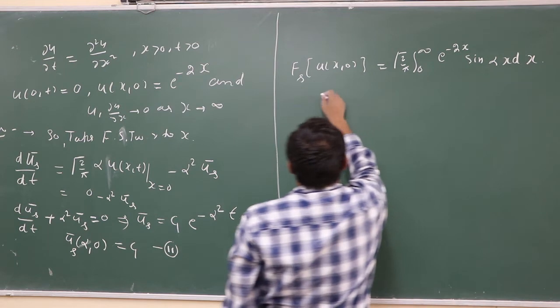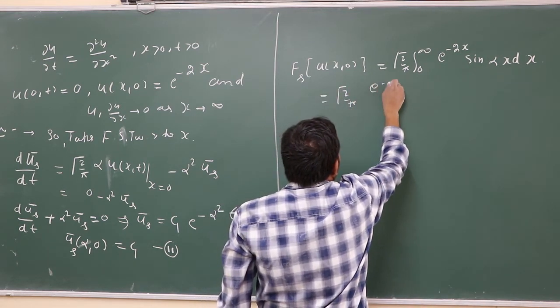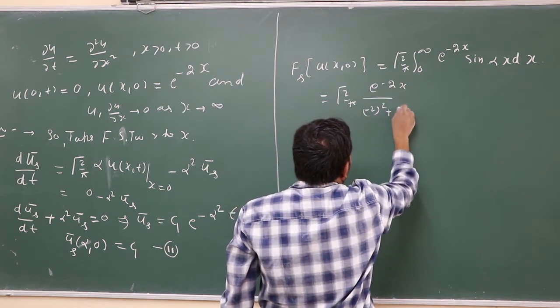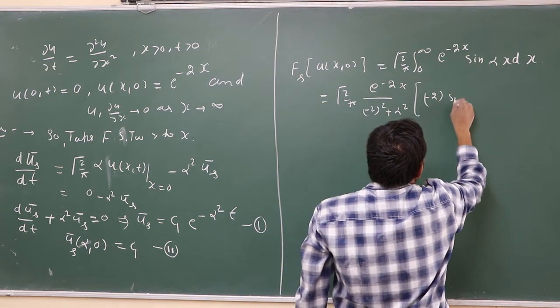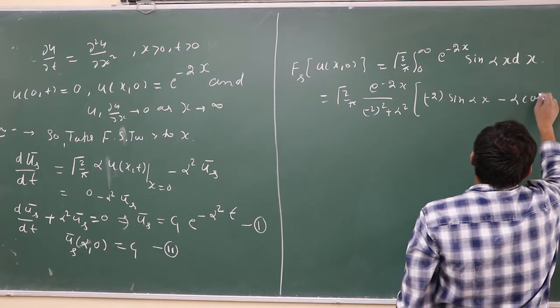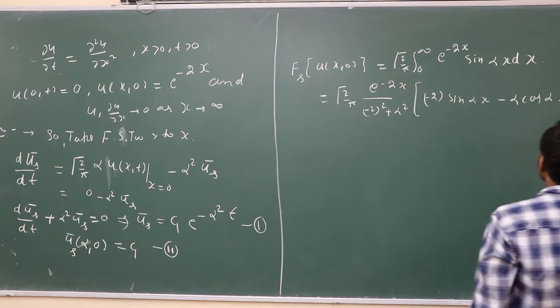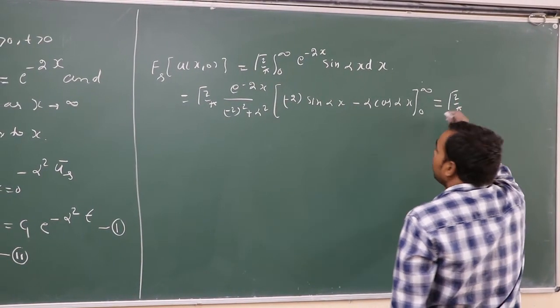We can find e to the power minus 2x upon (minus 2 square plus alpha square) times (minus 2 sin alpha x minus alpha cos alpha x), with limit 0 to infinity, under root 2 upon pi.